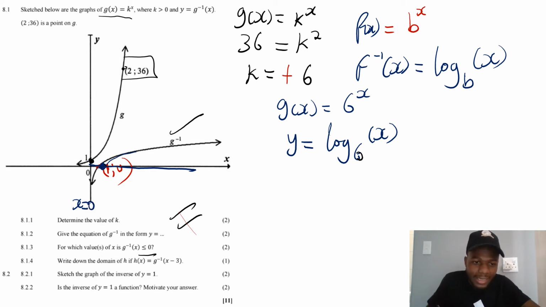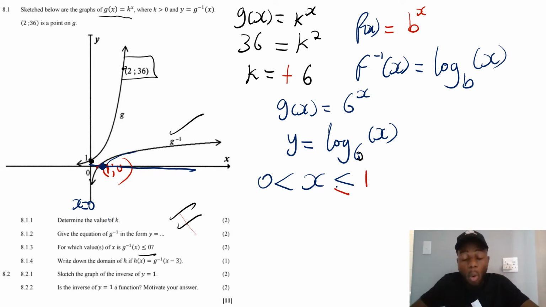So this graph, the inverse of g, cannot touch the y-axis. So it means the function will be below the x-axis for x between 0 and positive 1. Just because it says less than or equal to, I'm going to include 1 only.